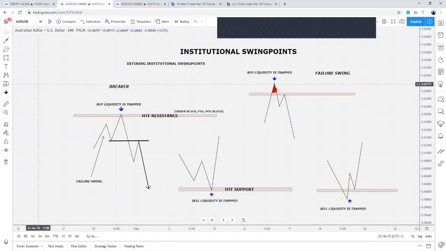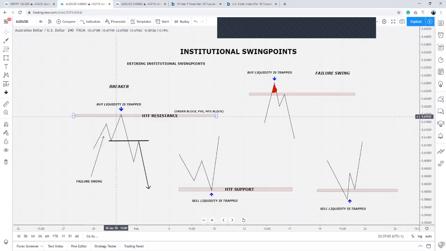Now, the second market reversal pattern in the marketplace is the failure swing. Okay, so one thing about the breakout is that it's the best setup you can get, because the breakout gives you the most premium market and the most discount market. Because if you're able to get a move in line with the breaker at the top, you're getting that move where the central banks add your orders.